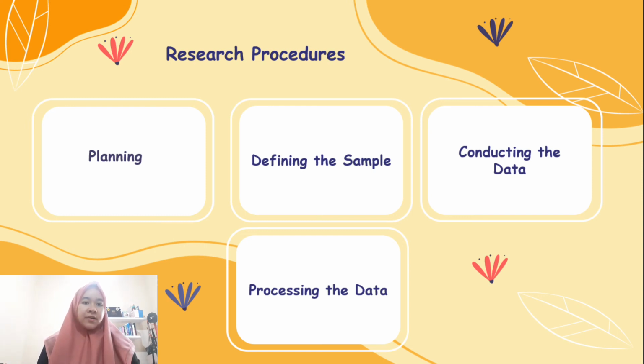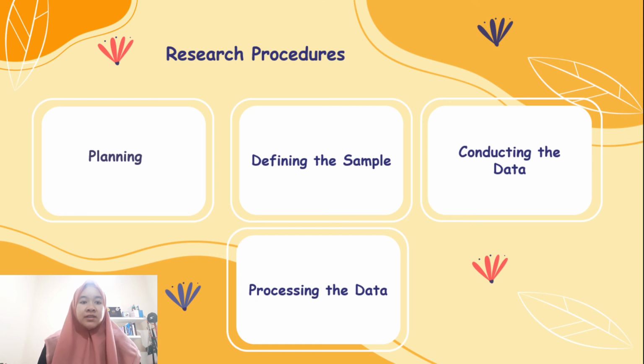In the point of conducting the data collection, it is taking data from 15 samples. In the beginning, the researcher will explain the purpose of this research and provide a Google Form link for filling out the questionnaire, and the data will automatically be listed in the researcher's Google account.